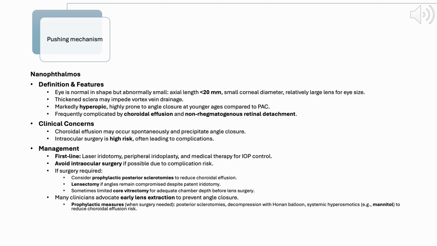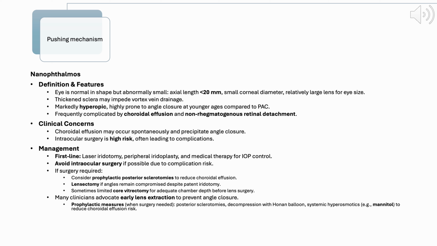Clinically, the greatest concern is that choroidal effusions may occur spontaneously and trigger angle closure. Intraocular surgery carries very high risk and is often complicated by these effusions. Management begins with non-surgical measures such as laser iridotomy, peripheral iridoplasty, and medical therapy for intraocular pressure control. Intraocular surgery should be avoided if possible.